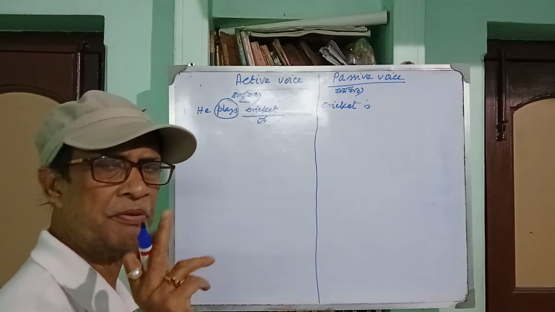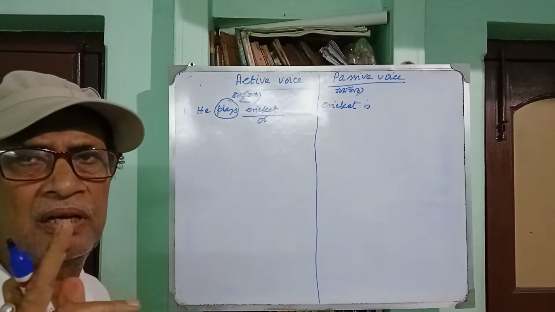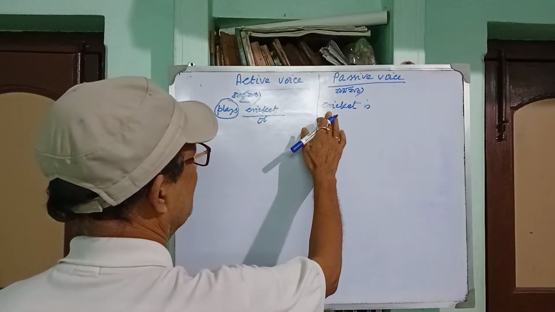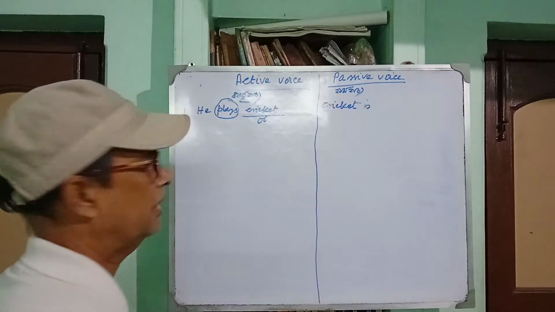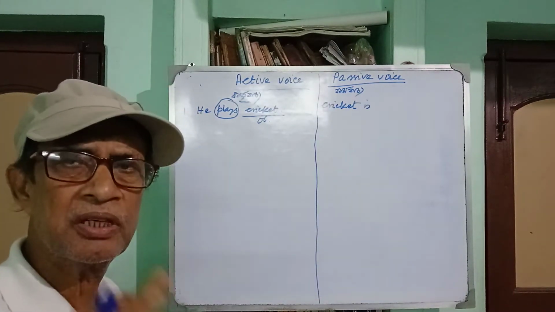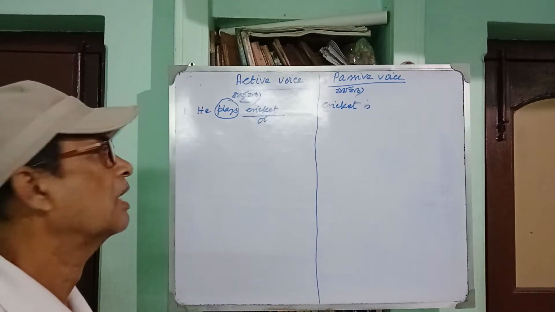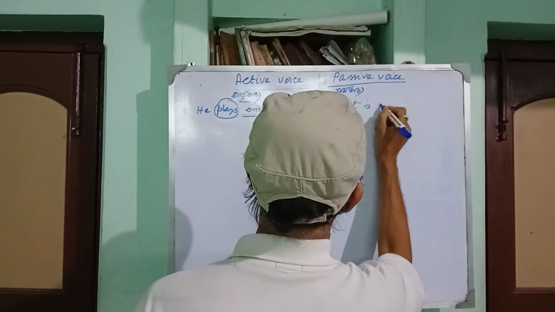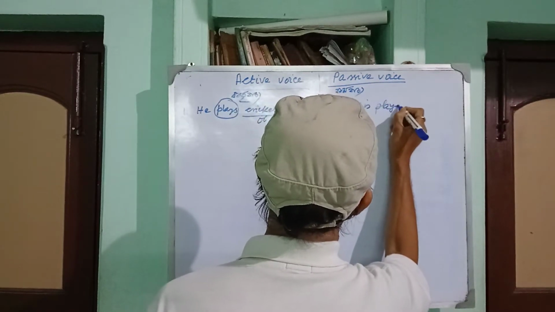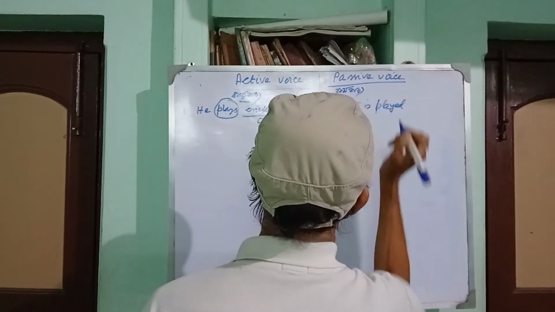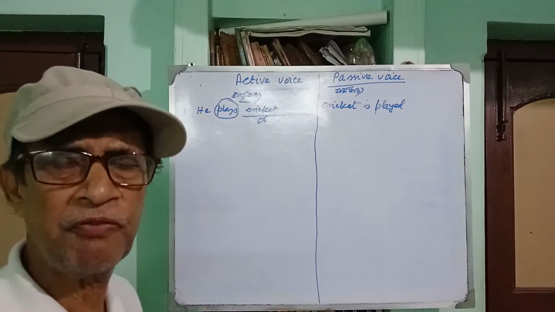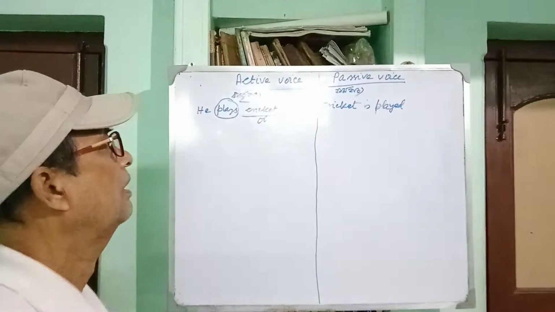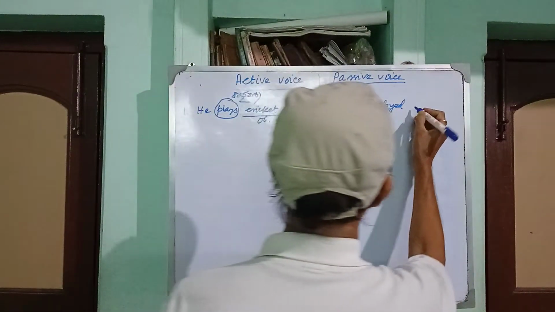You know that the be verb has three forms, am, is, are, and according to the subject you will have to use is. Cricket is, and then the past participle form of the verb: play, played, played. Cricket is played by him.